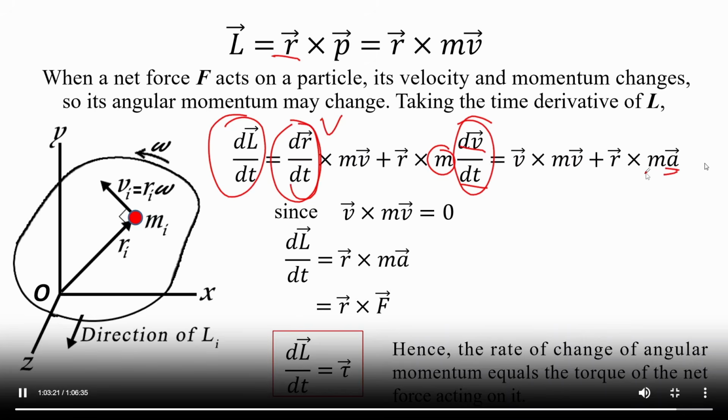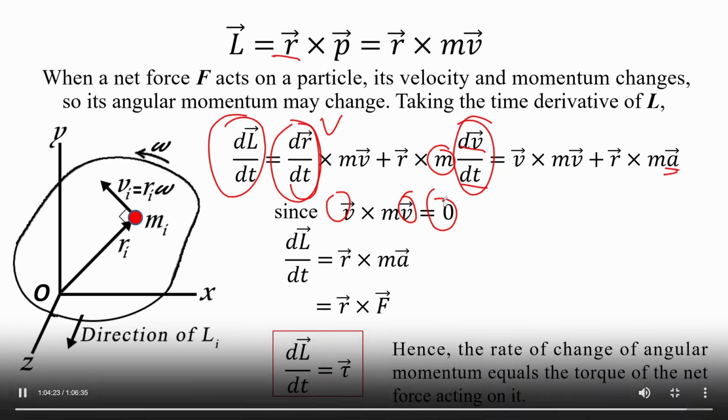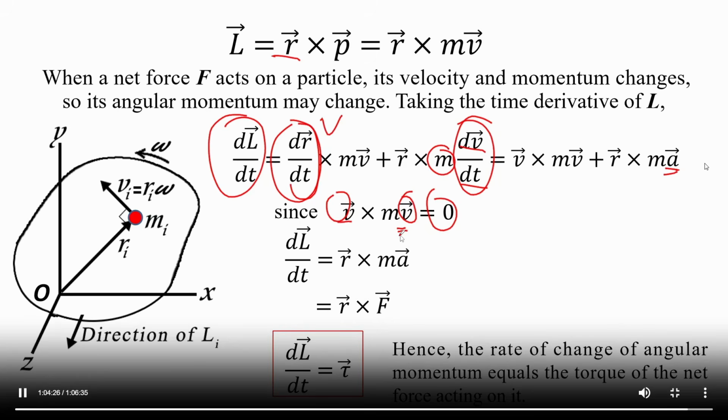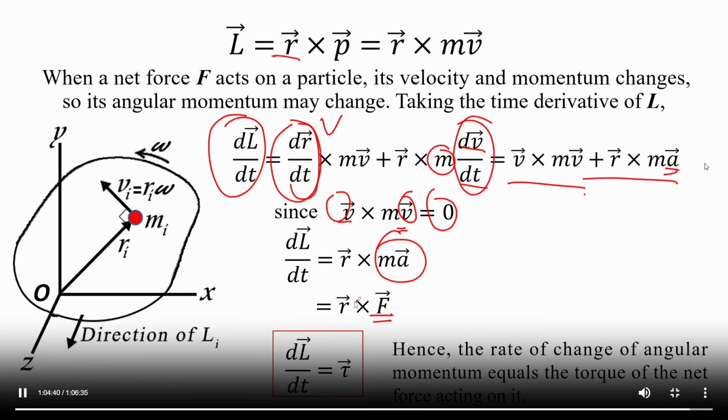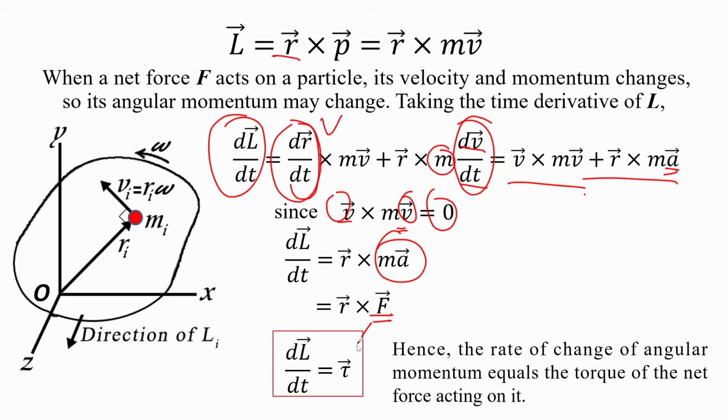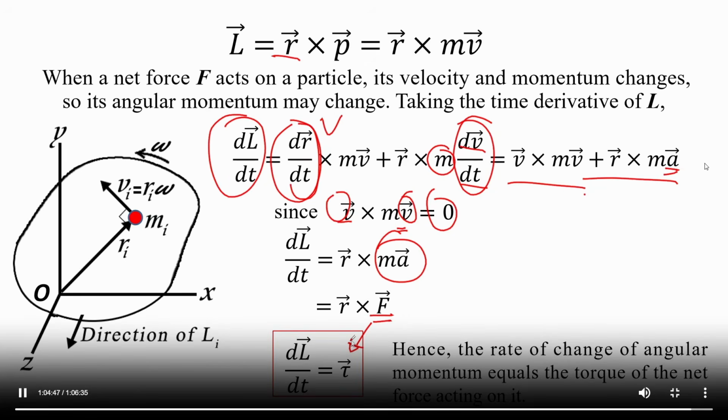Since the cross product of v cross v is 0, because the angle between them is 0 and sine of 0 gives 0, that term is eliminated. And we are left with the second term, r cross ma. And ma, of course, is force. And r cross F is just the torque. Hence the rate of change of the angular momentum L is equal to the torque.